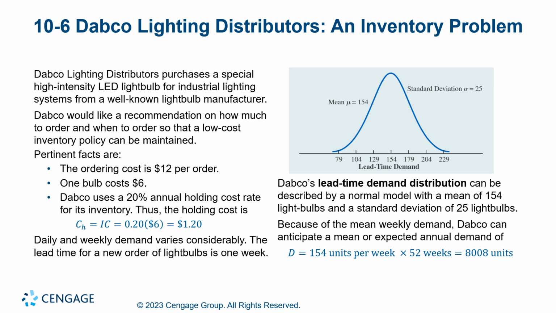Because the mean demand during 1 week is 154 units, we can anticipate a mean or expected annual demand of 154 times 52 weeks, which is equal to 8,008 units per year.